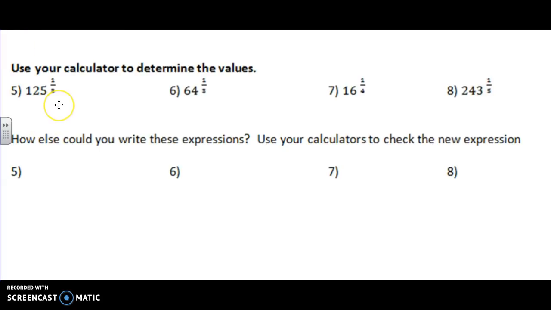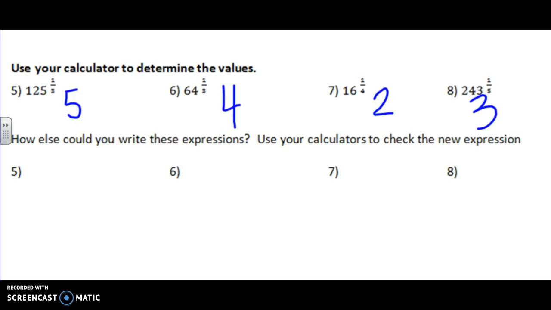So if we do these, same idea, hit pause, type them in your calculator, see what you get. Hopefully you got 125 to the 1/3 power is 5, 64 to the 1/3 power is 4, 16 to the 1/4 power is 2, and 243 to the 1/5 power is 3.